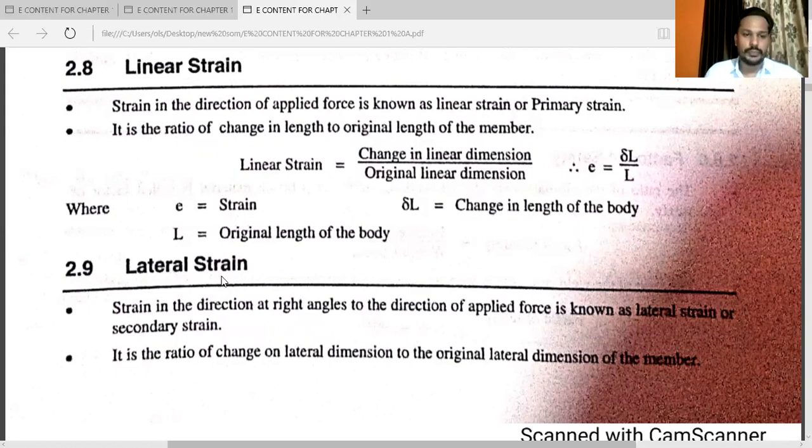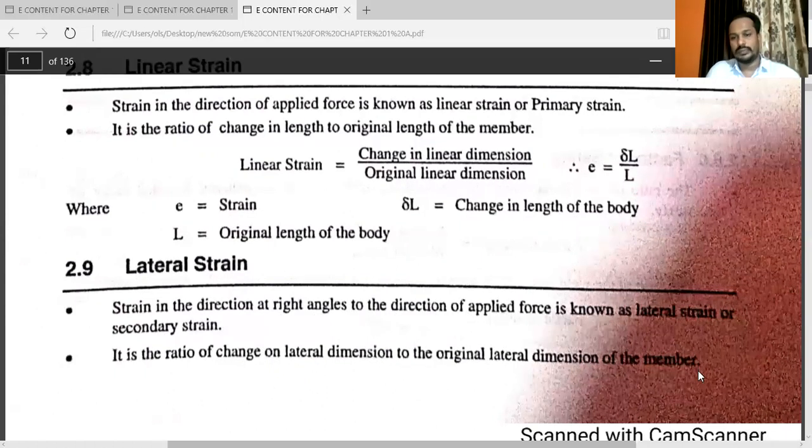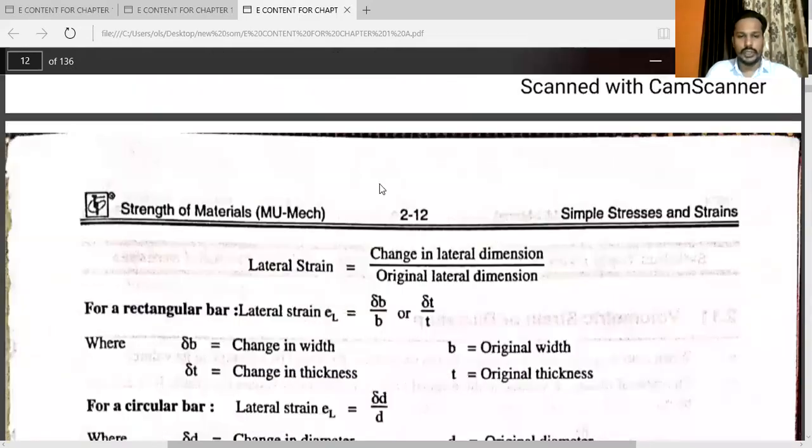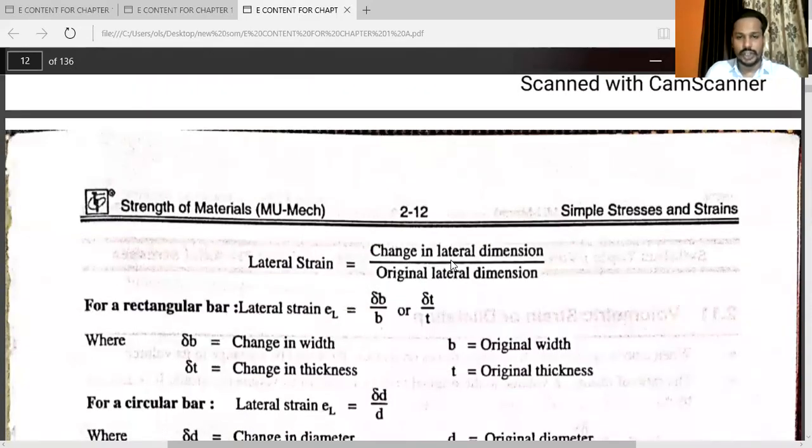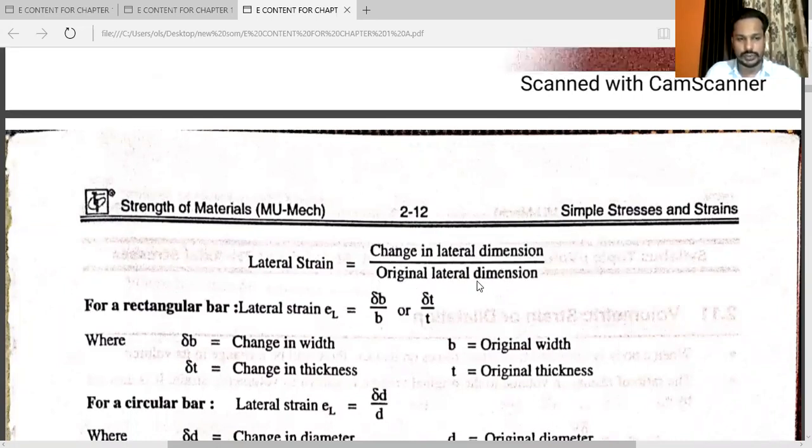Lateral strain. Strain in the direction at right angles to the direction of applied force is known as lateral strain, or you can say the secondary strain. It is the ratio of change in lateral dimension to the original lateral dimension of the member.